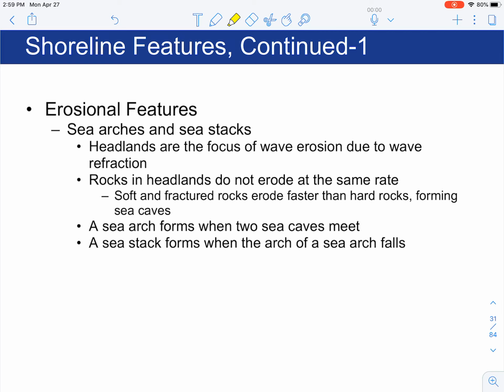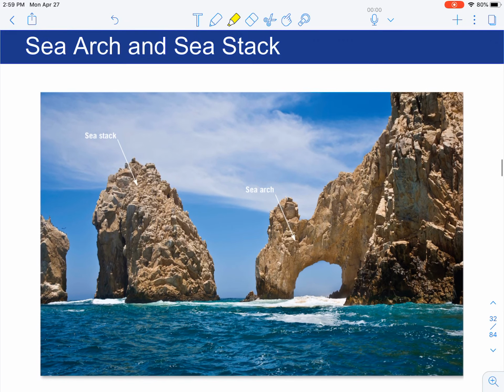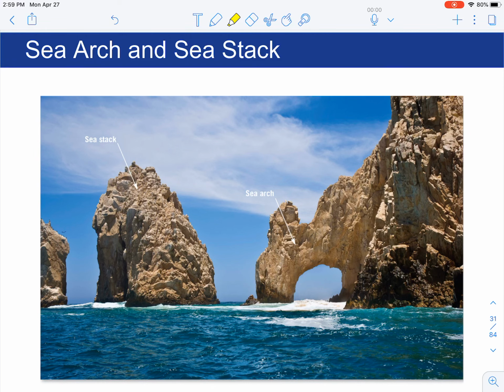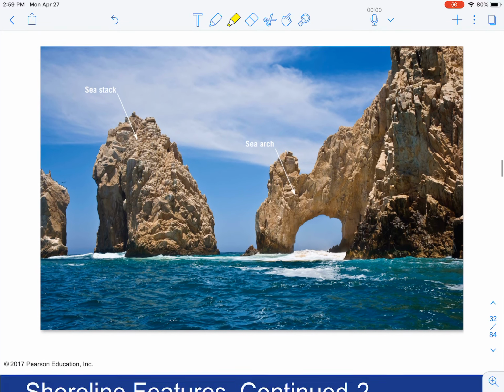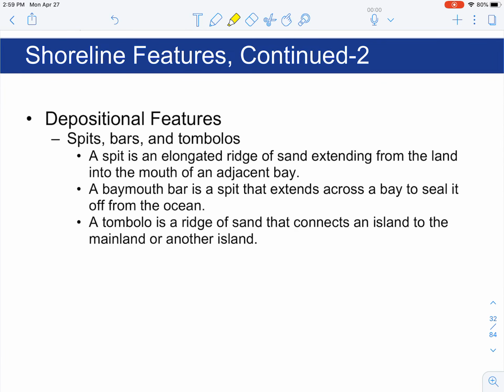And because you have stronger wave action eroding the landscape, you tend to get all the energy focused in one area, leading to the formation of these cool features. So here's an example of something you might see in Oregon or Washington or other areas where you have stronger currents and more resistant coastal cliff faces.